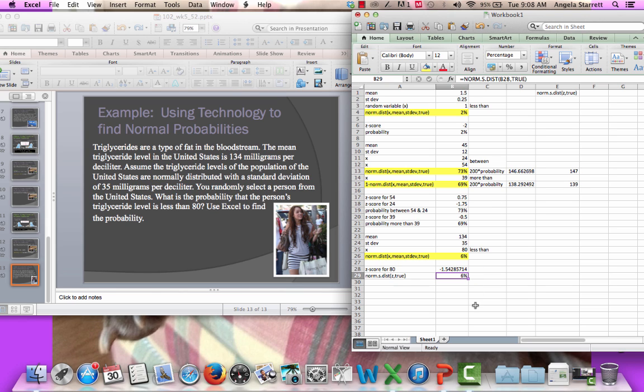Notice I did use a cell reference there in the function, which you certainly can do. So whether we use the standard normal or a regular normal distribution, if we randomly pick somebody in the U.S., we have a 6% chance that that person has a triglyceride level of less than 80. All right?